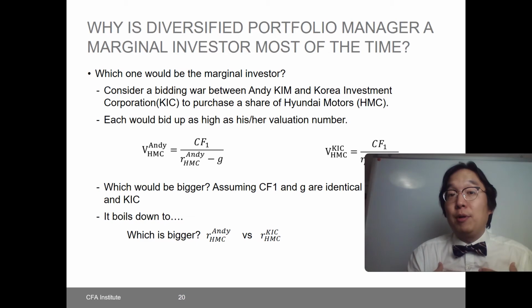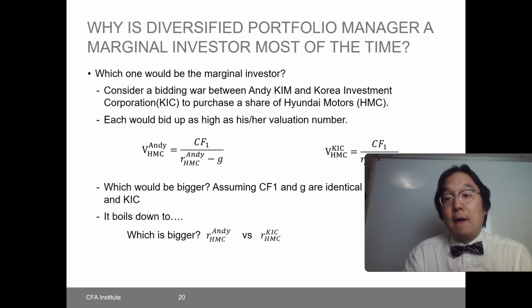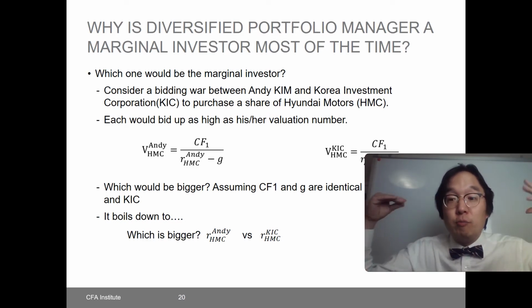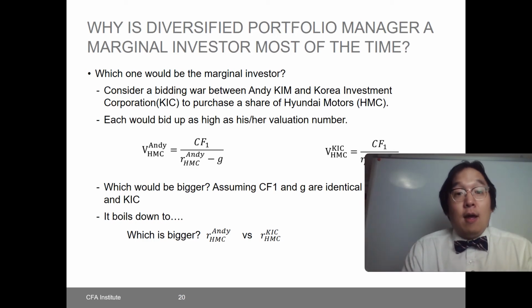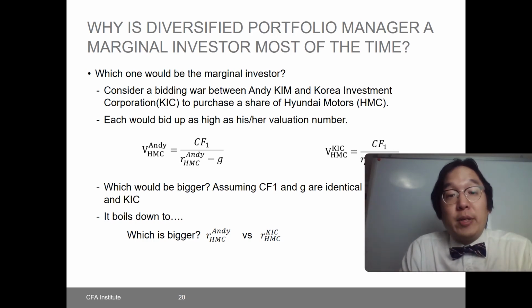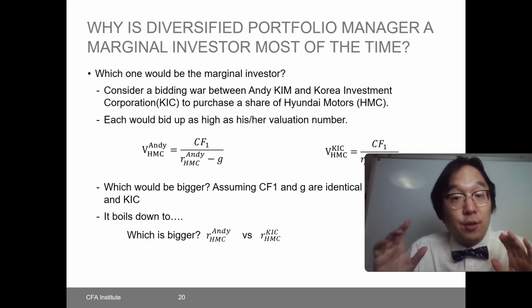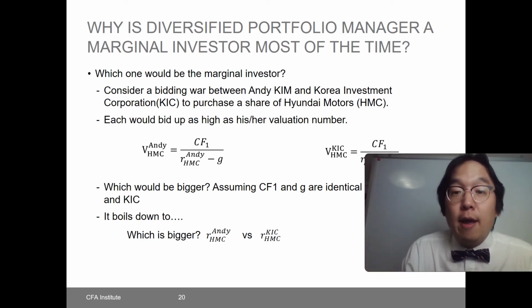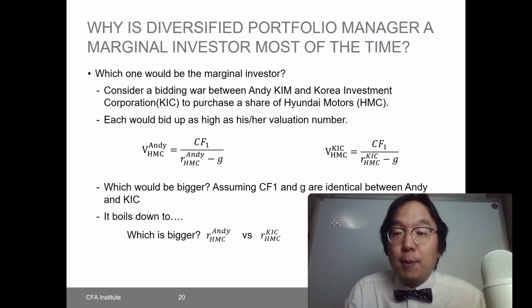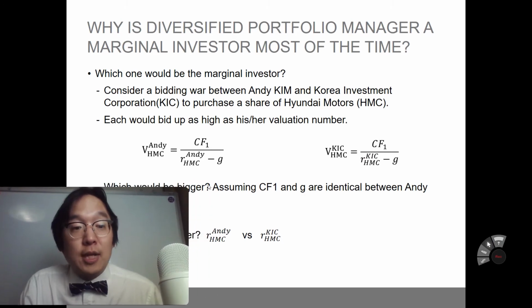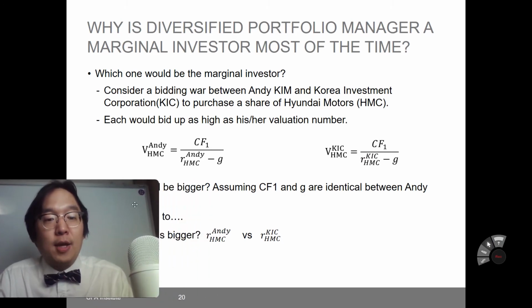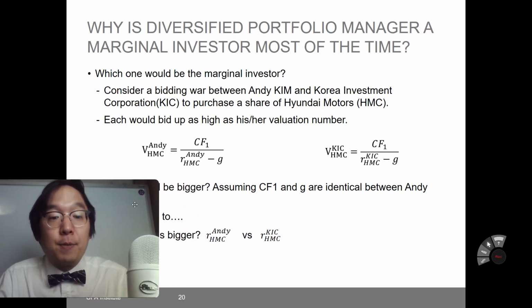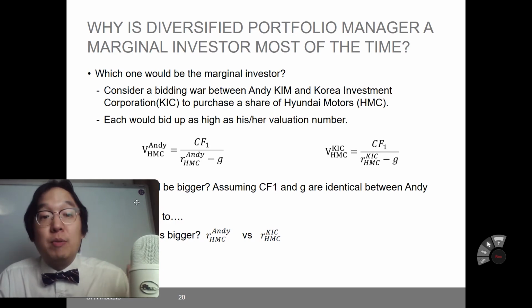I have Bloomberg maybe, and they have Bloomberg Terminal as well, and we have the same analysts talking to me and them, right? So the cash flow information will be the same, okay? This is Hyundai Motor commonly, right? And then the growth rate expectation of this cash flow will be the same, okay? For example, the valuation formula would be the same.